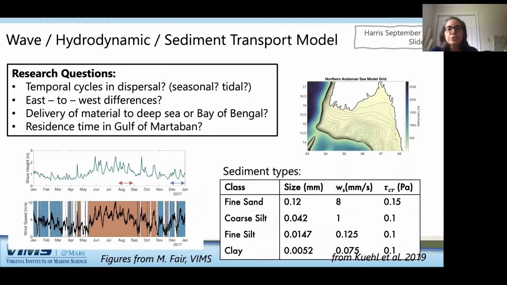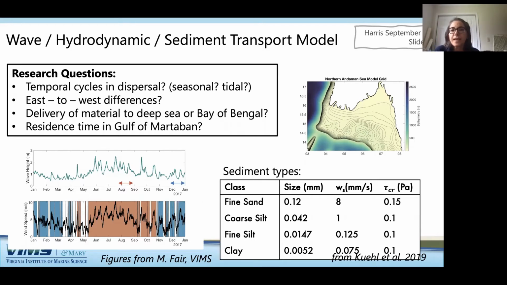So in order to test those ideas, we set up a coupled wave hydrodynamic and sediment transport model. So this was done by my master's student, Matt Fair, and this is the model grid that Matt developed. And then he ran the model for an energetic summer monsoon period in August and a less energetic winter monsoon period for January.